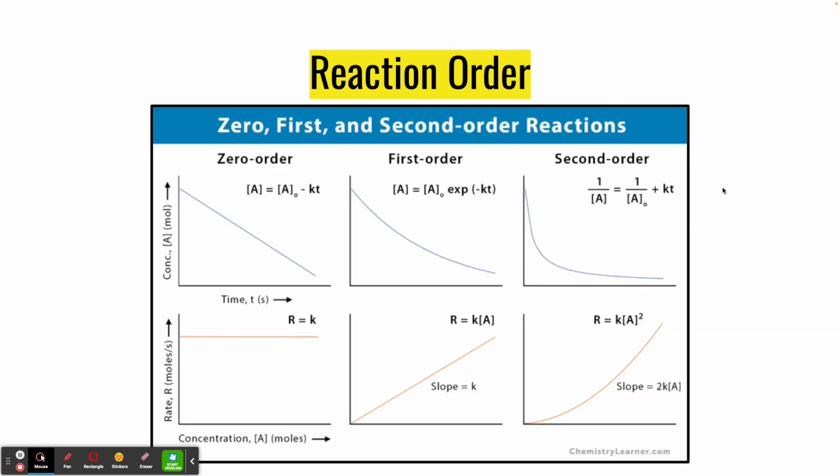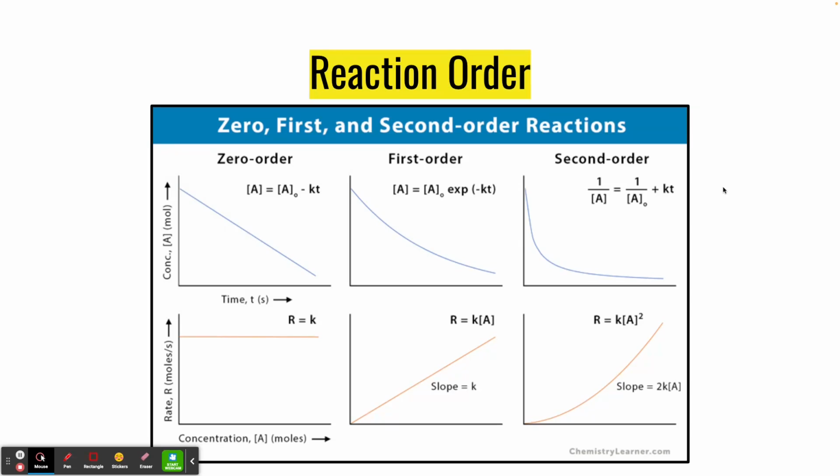So this slide here, guys, is comparing 0, first, and second order reactions. I'm going to explain each graph more particularly, but here's a great image just comparing the differences between them. The blue graphs are concentration versus time, and the orange graphs are rate versus concentration.